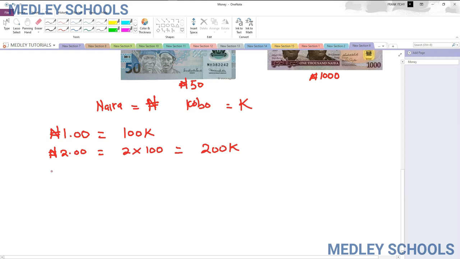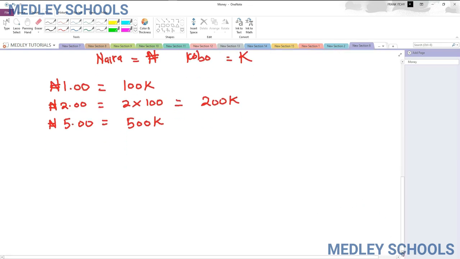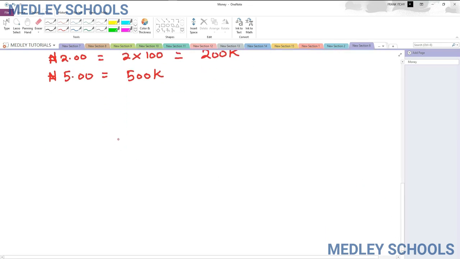Likewise, somebody that has 5 naira, when this is converted to kobo, it will be 500 kobo, and so on. Having known what money is and the money we have in Nigeria, we're going to be focusing now on changing kobo to naira and changing naira to kobo.